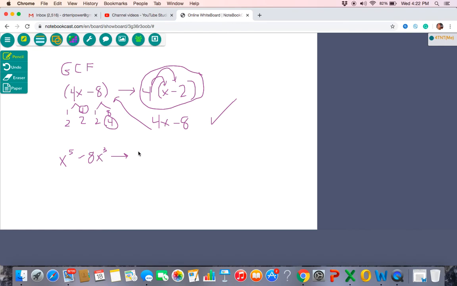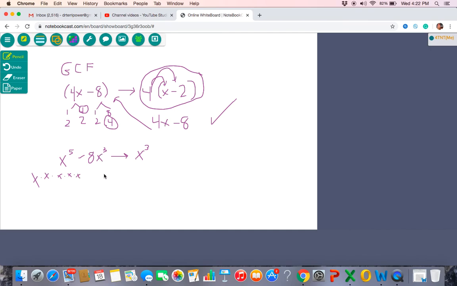So I can take x to the 3rd power, and that's a common factor for this. Think about it. x times x times x, if I was factoring it out, this is what it would look like. There's 5 x's there.